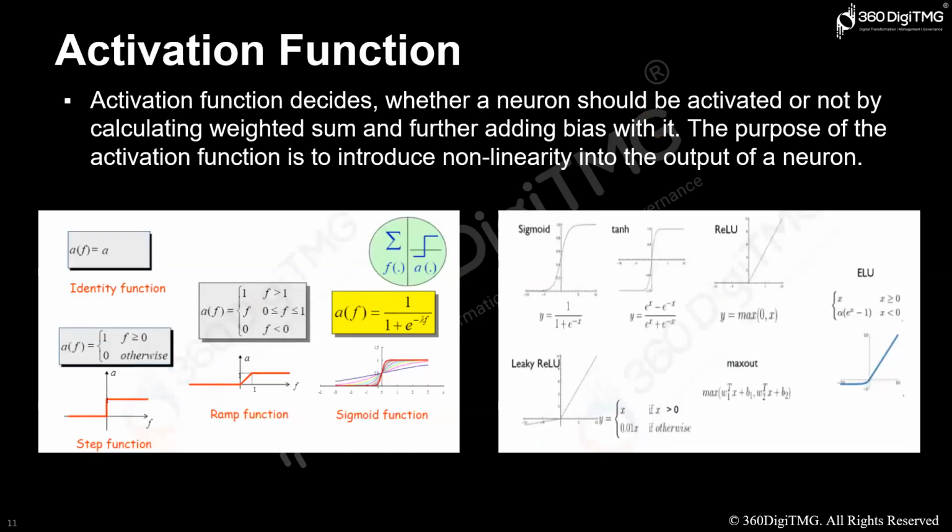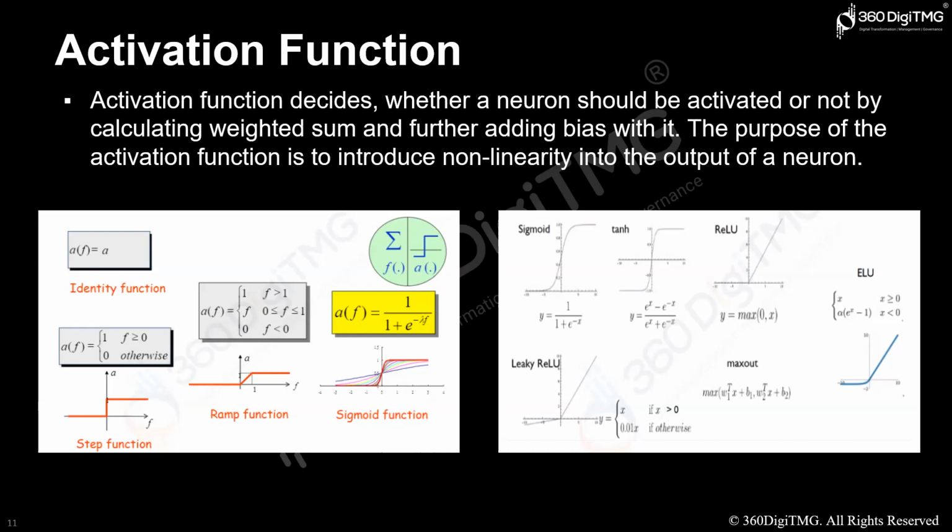So now, the activation function. An activation function decides whether a neuron should be activated or not by calculating the weighted sum and further adding bias to it.